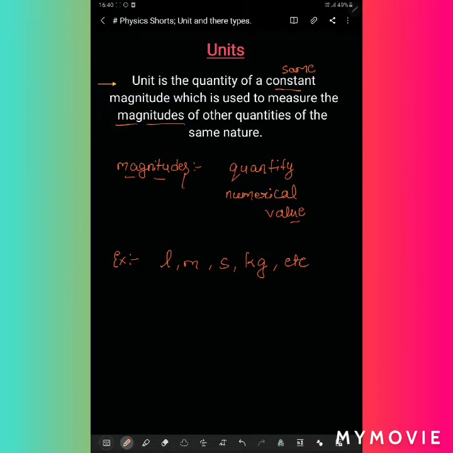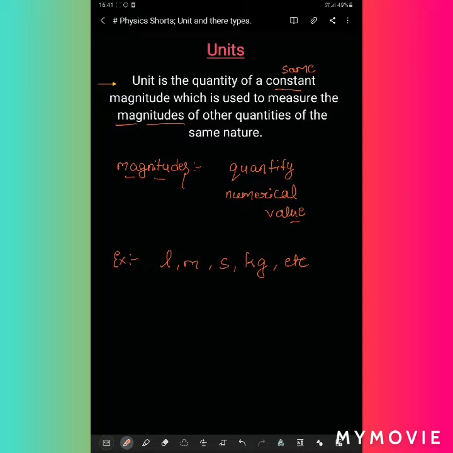I am writing symbols, but a unit is something which we use, like meter, second, kg, etc. The thing through which we can measure the quantity of another thing of the same nature is called a unit. Unit is basically something through which we can measure the value of any other substance or object.